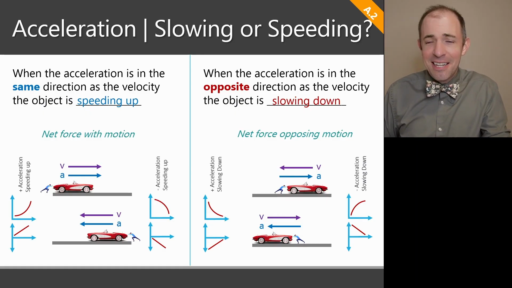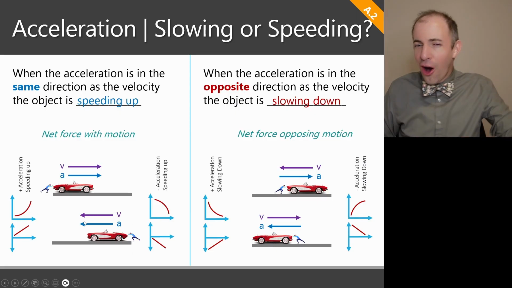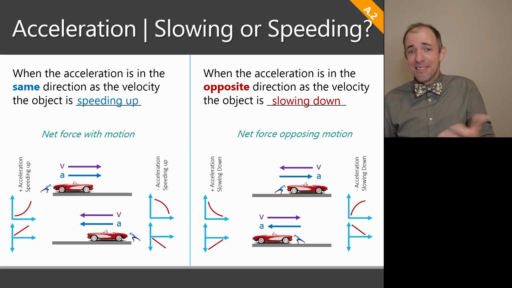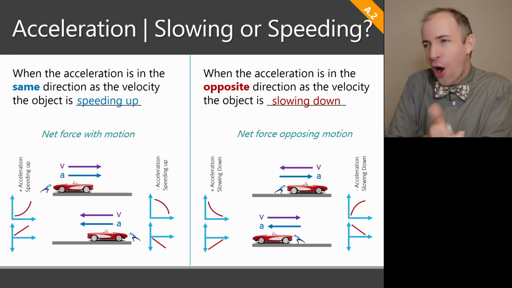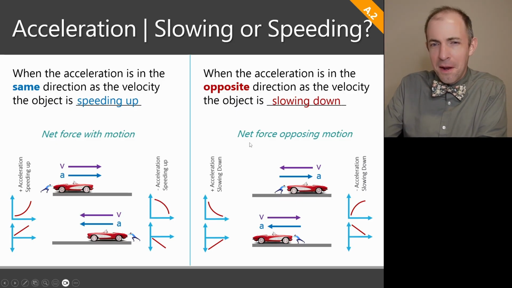So the tricky thing is that a negative acceleration could give you slowing down, but a negative acceleration could also mean speeding up if you happen to be moving in the negative direction already. So you're going to have to pay attention to which way you are moving to know if that negative acceleration is actually speeding up or slowing down. All right, so both of these descriptions are talking about a net force.